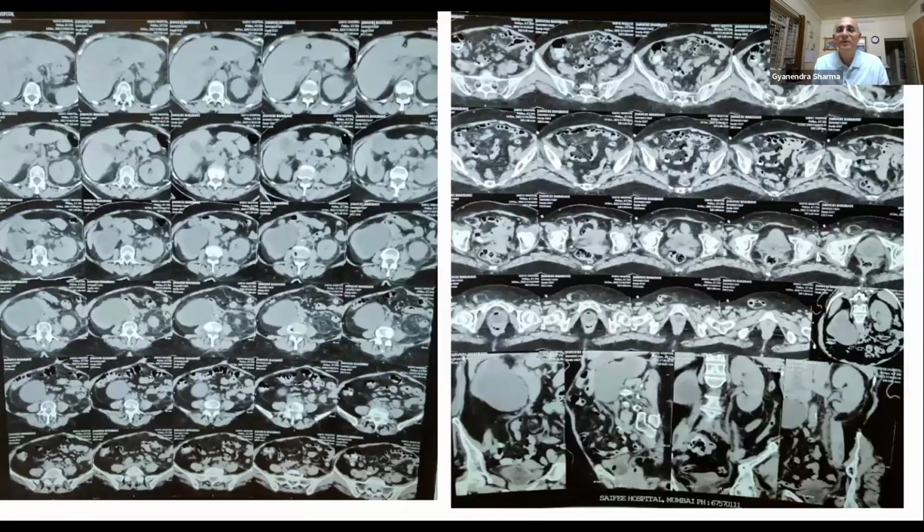Sriram. Yes, sir. On the CT scan, sir, on the right side, the kidney, there is large hydronephrosis. There is no discernible cortex visible. Is the hydronephrosis small on the right? Some hydronephrosis is visible, sir.